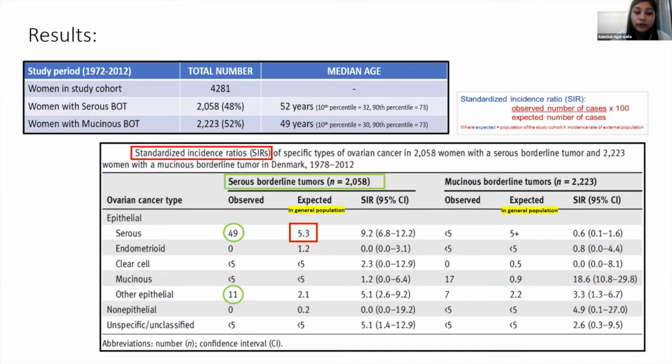The second most common tumor type was the adenocarcinoma NOS, which was grouped under other epithelial lesions, which comprised 2.1 times more risk of developing following serous borderline tumors. Similarly, following mucinous borderline tumor, it was expected that there was 0.9 times more risk of developing mucinous ovarian carcinoma than expected in the general population, followed by other epithelial tumors.